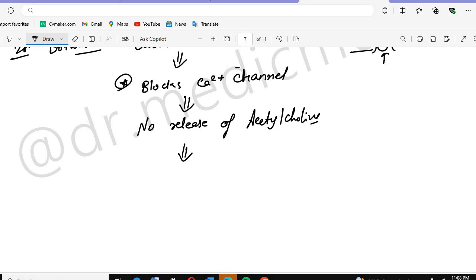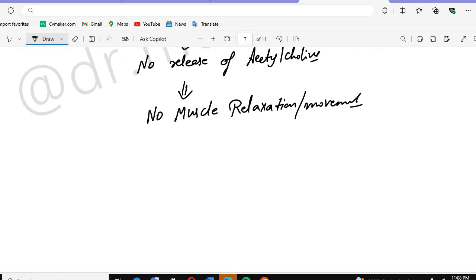Acetylcholine is what? It is the parasympathetic neurotransmitter. So what does it do? It causes muscle relaxation. In these patients there will be no muscle relaxation or muscle movement. When there is no muscle movement, the patient will end up with flaccid paralysis.